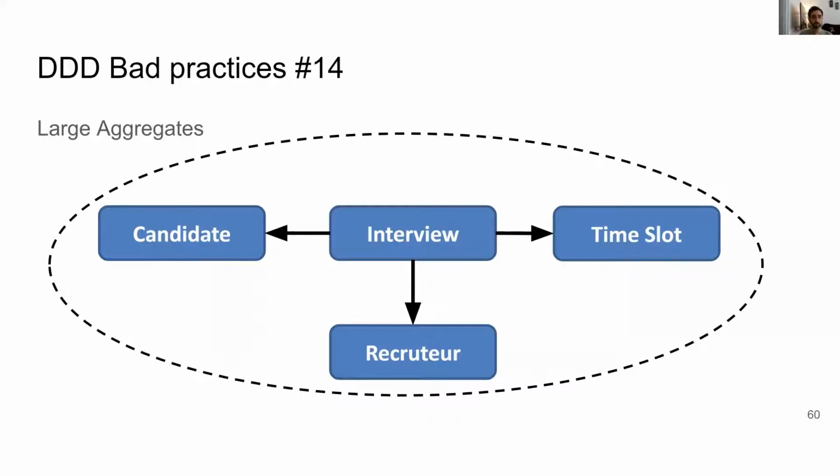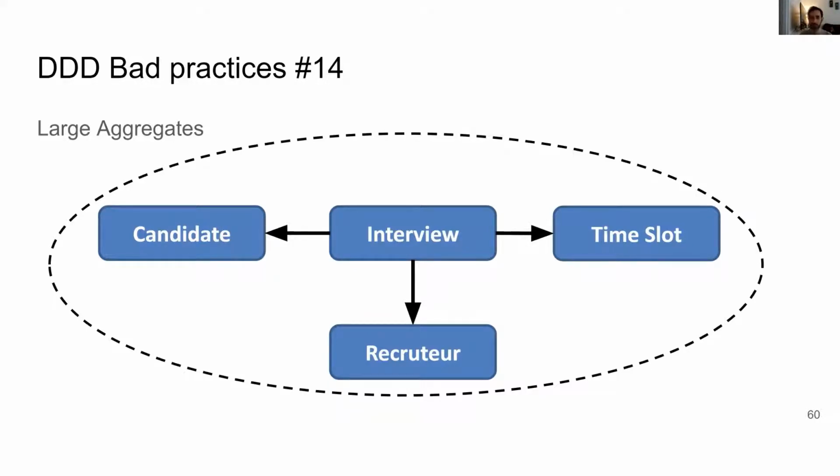If we separate them, they will lose their meaning, so we keep them together in an aggregate. An aggregate is just a package where you put some objects which are tightly coupled together. For example, to plan an interview, you need a candidate, you need a recruiter, and you need a time slot. So it's easy.